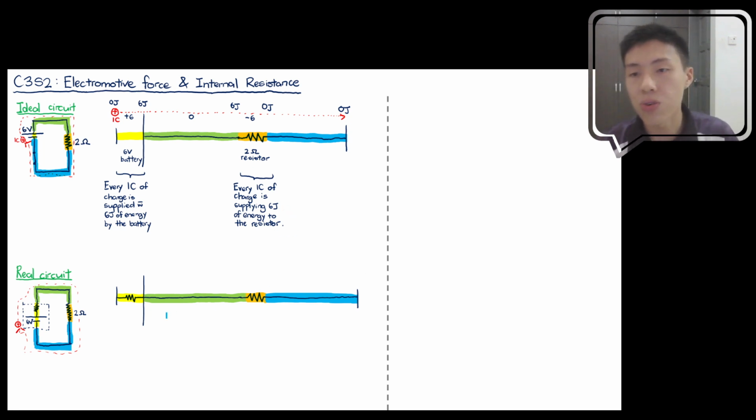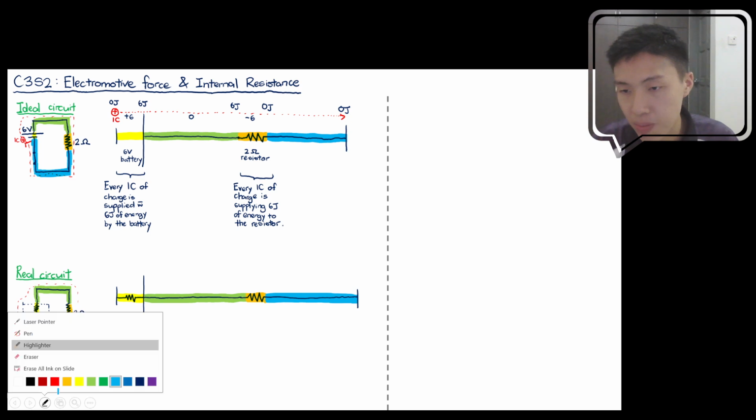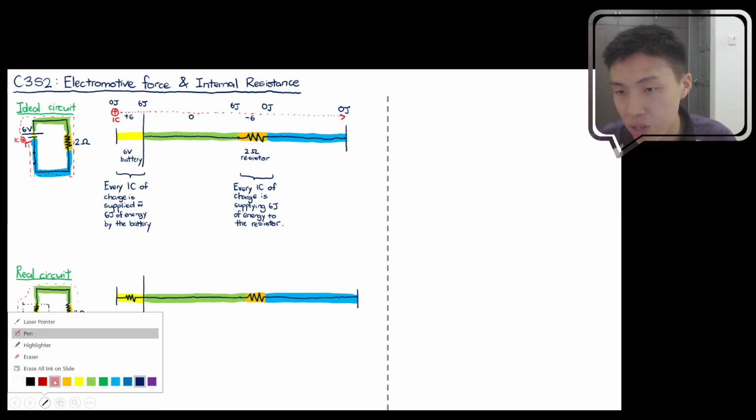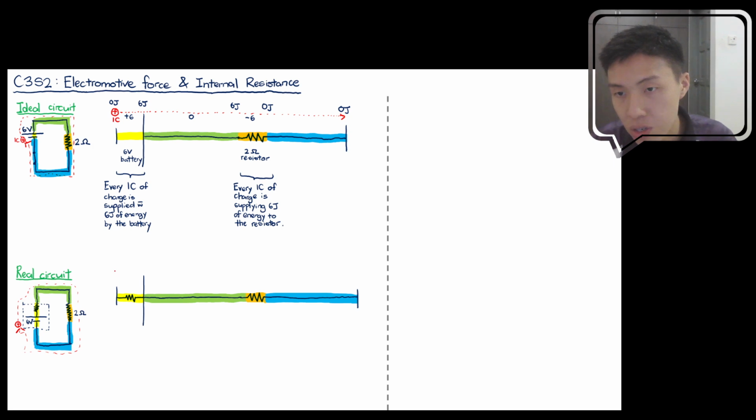Again, we're going to investigate what's happening here. So let's start again. You are going to study the journey of a 1 coulomb charge from the negative terminal of the battery, through the battery, then outside the battery, through the whole external circuit until it comes back to the negative terminal.